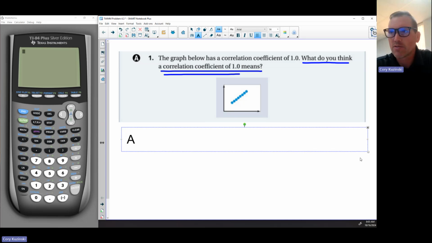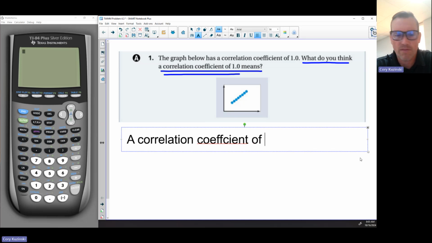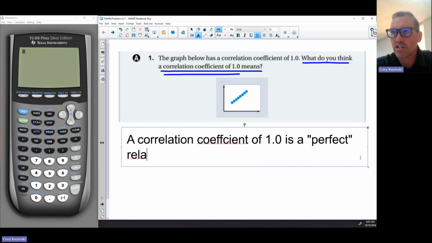So let's write this down. A correlation coefficient of 1.0 is a, how about we say, perfect relationship between, I spelled coefficient wrong. I did.